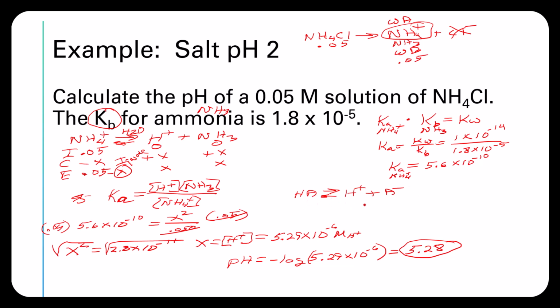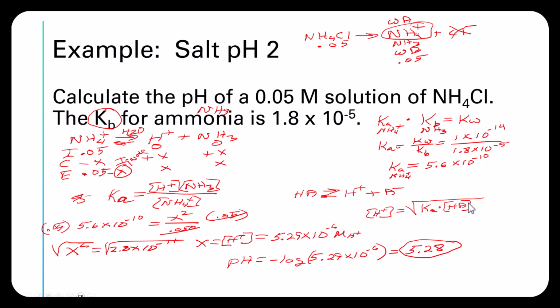If you know your numbers and you know what you're doing, you can actually get the hydrogen ion concentration, which is equal to x, which is going to be the square root of the Ka for that weak acid times whatever the concentration of that weak acid is. That is a shortcut that will get you there a lot faster, but you really do have to know what you're doing.